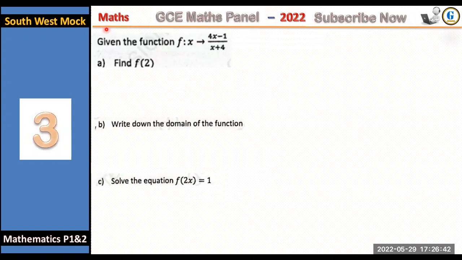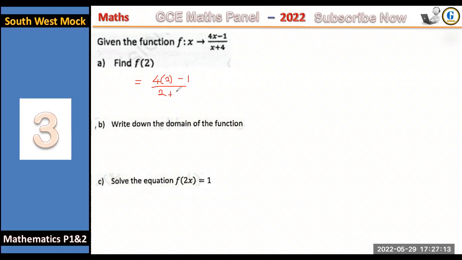All right, so we can move to question 3. So question 3 reads, you are given the function f such that x is mapped onto 4x minus 1 over x plus 4. Now find f of 2. F of 2 will be equal to 4 into 2 minus 1 over 2 plus 4.